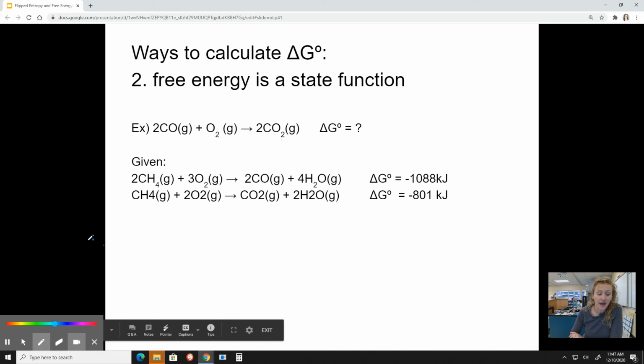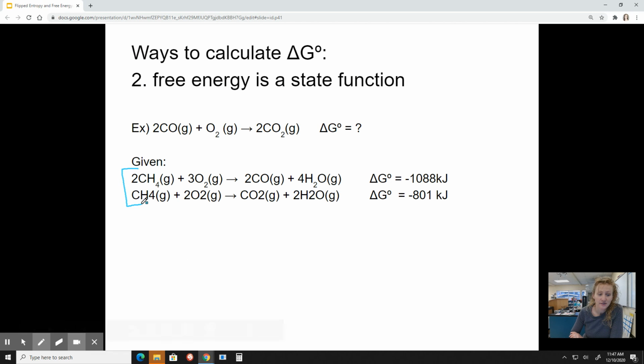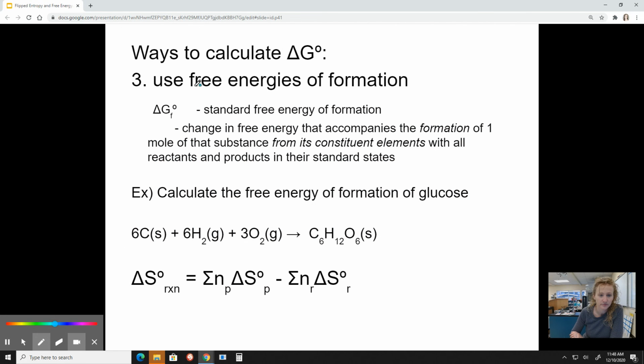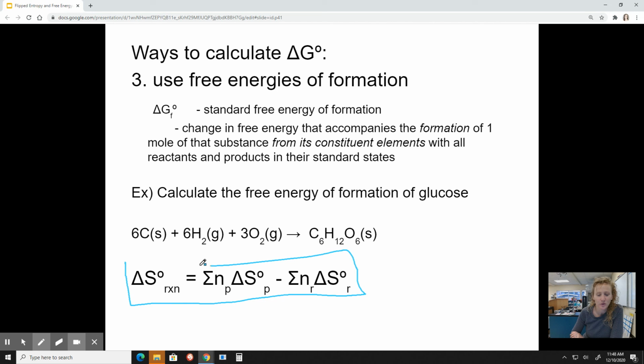I can add up reactions, manipulate the reactions and add them up in order to get an overall reaction. And I can use free energies of formation, which is this equation only in free energy instead of entropy, in order to get the free energy of formation of a reaction.